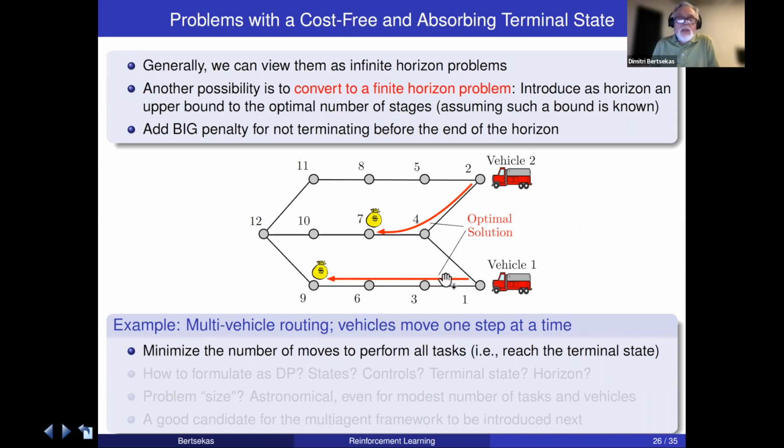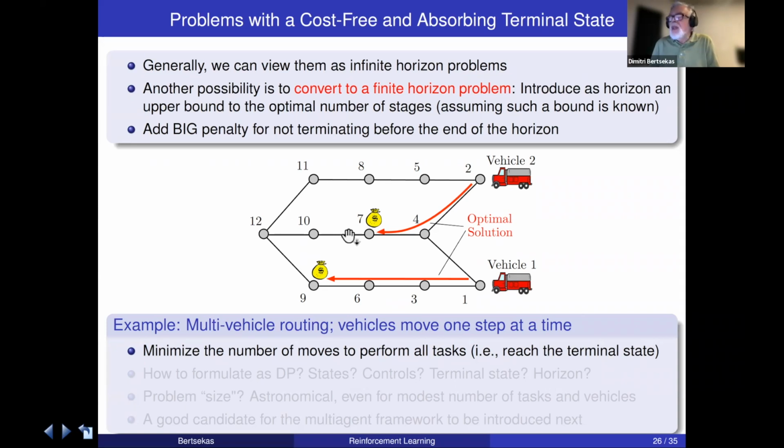Well, you know that one possible solution is to take a route from here to here. That's the longest path from vehicle 2 to this task, and the path from this vehicle to this task is 1, 2, 3, 4, 5, 6 steps.